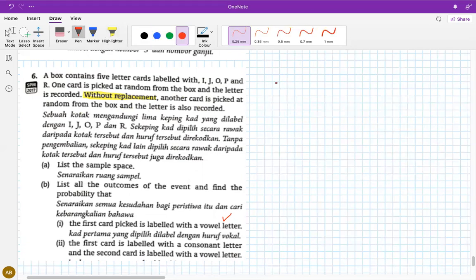So this one, I think we better use a table, or you can use a tree diagram. We use here 1, here 2. So the alphabet is I, J, O, P, R. Here also you list down I, J, O, P, R.